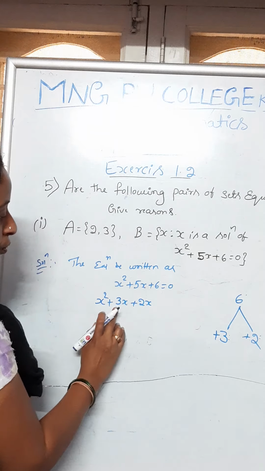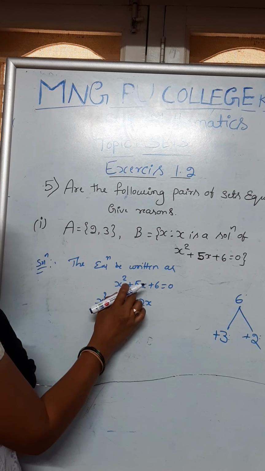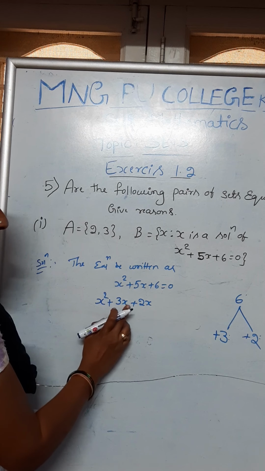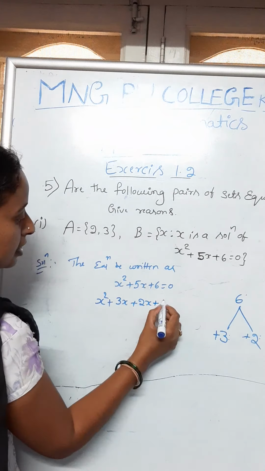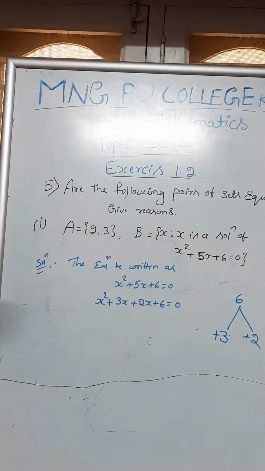If you add both 3x plus 2x, again we get 5x, plus 6 equal to 0.